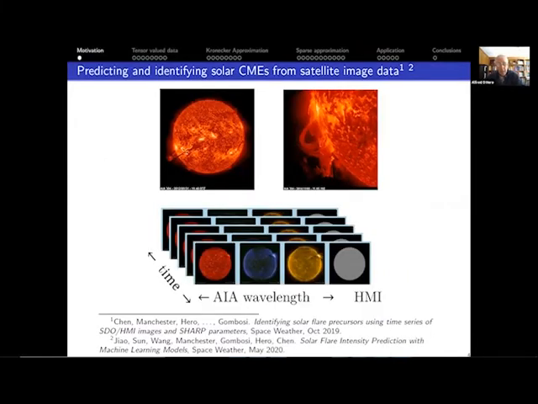So here's the application that motivates this high-dimensional sparse matrix approximation problem, predicting and identifying solar events.